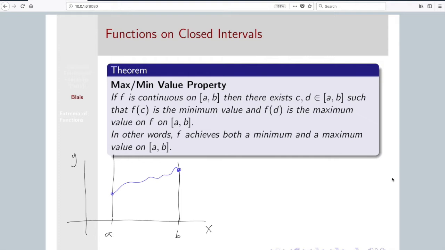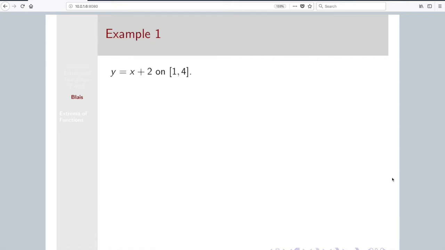If you have a function of, say, economic inputs, say you're in production and it's a number of pounds of salt in a recipe, you're also picking from a closed interval, usually from 0 to some large number of pounds of salt. So this comes up a lot, and this is an extremely handy property. So let's look at some examples and see how this works.